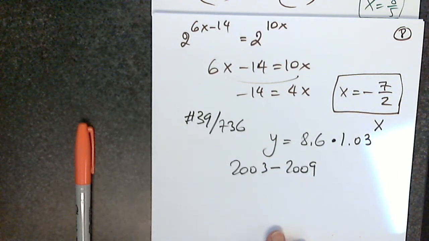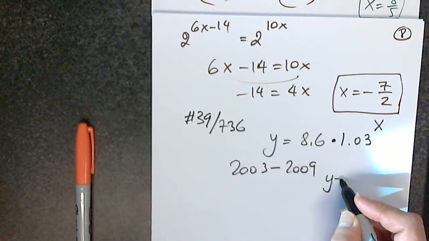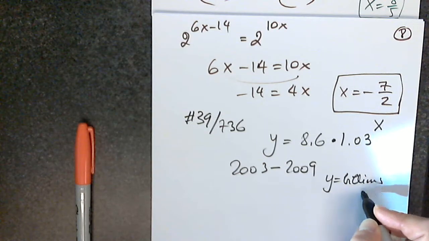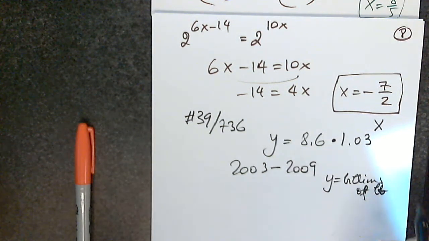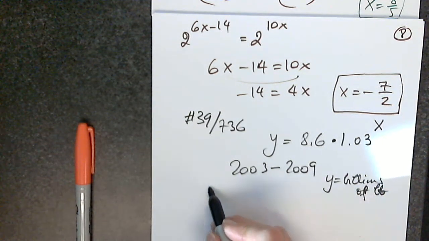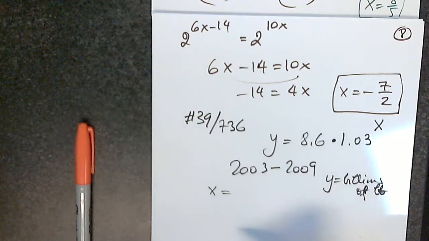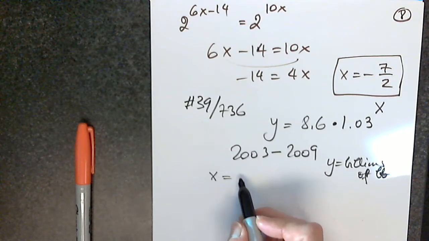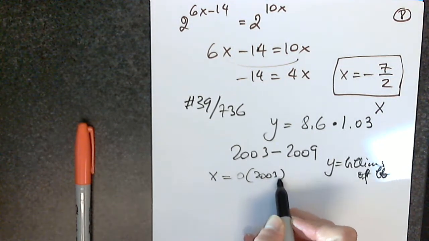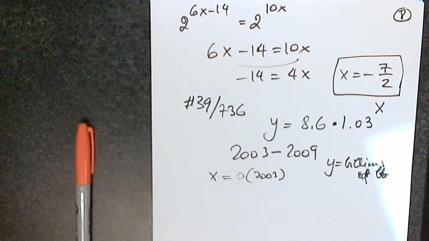In this equation, y is the amount of cheese produced in billions of pounds. And x represents the number of years after 2003. So 2003 represents x equals 0. Perfect. Part A, estimate the total cheese production in the United States in 2007.